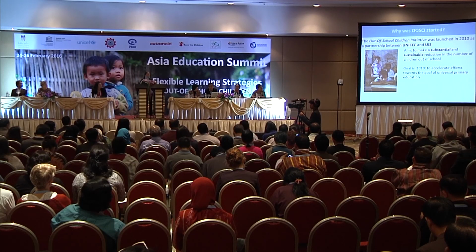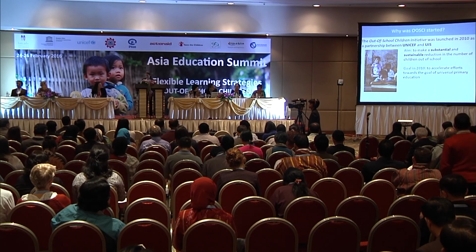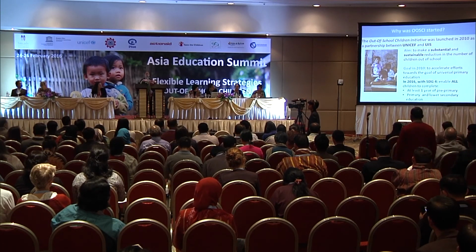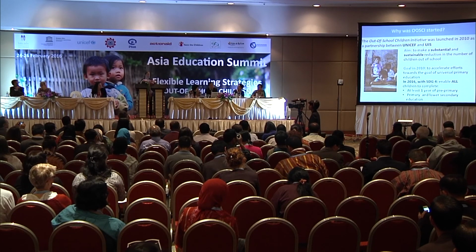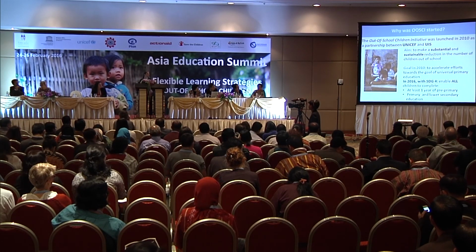This is why we joined forces, and today, with SDG 4 covering education, it is still relevant. Today the goal is to enable all children to complete at least 1 year of pre-primary and complete primary and lower secondary education, and this covers targets 1 and 2 of SDG number 4.